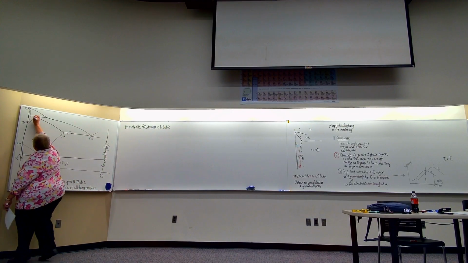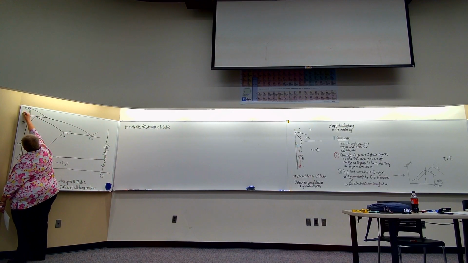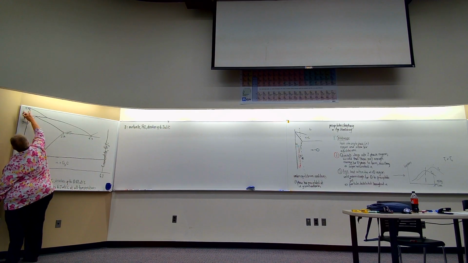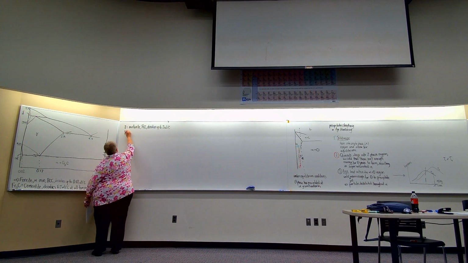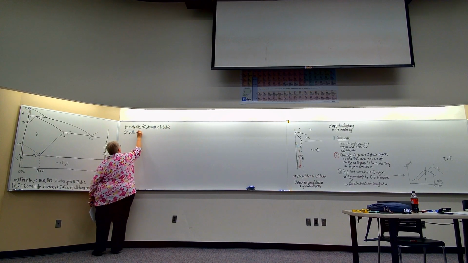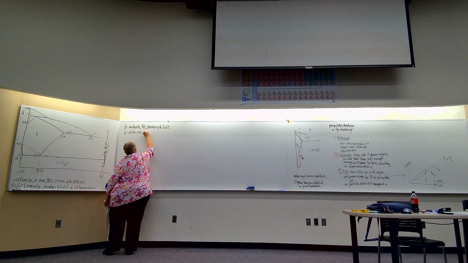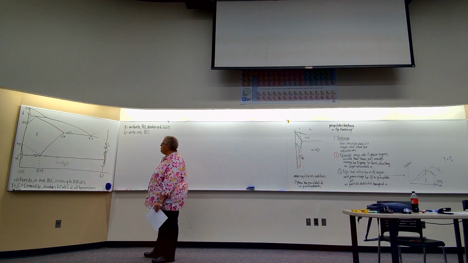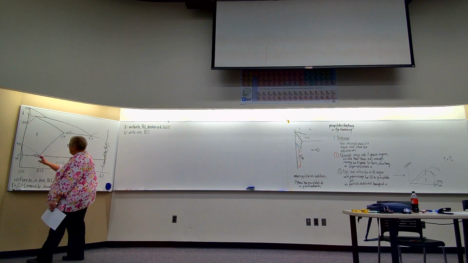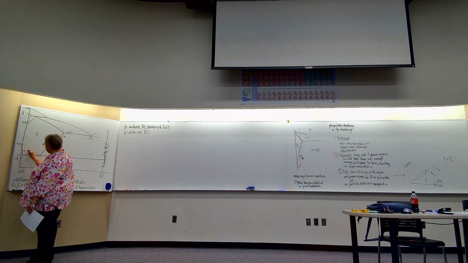And right here, this is delta iron, and it is BCC. So this region in here then is alpha plus gamma.